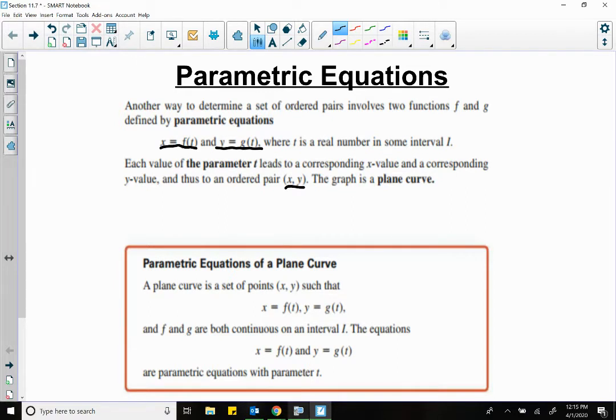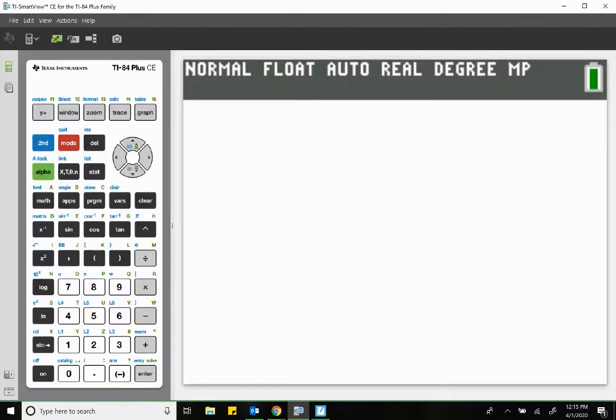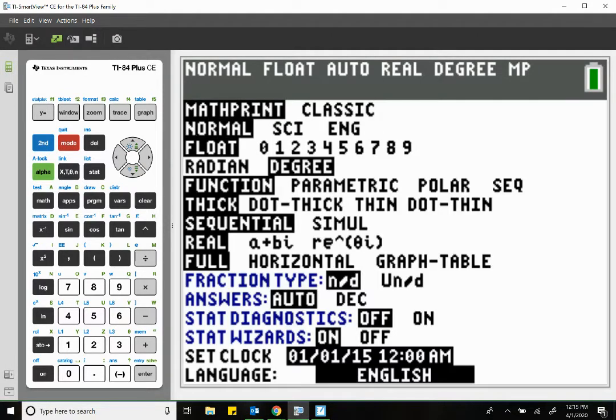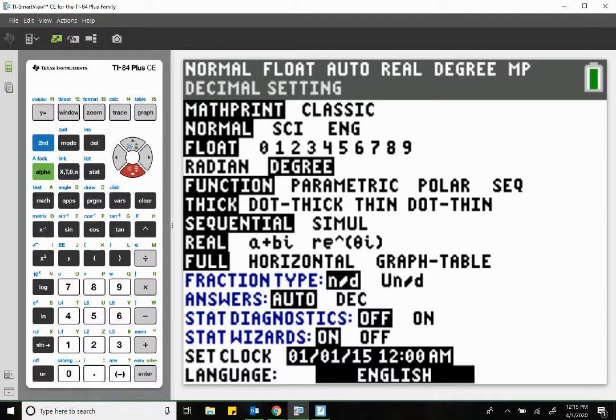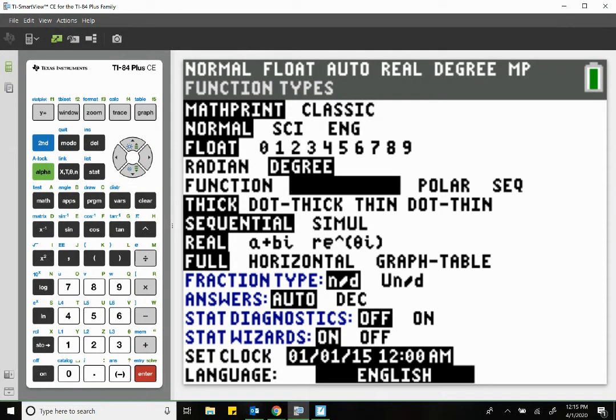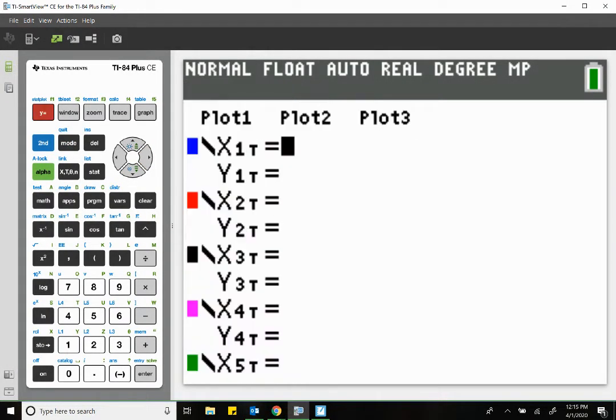In our calculator, again, under mode, right there is parametric. So we want our calculator to be in parametric. We scroll down, scroll over, hit parametric, and then when you hit Y equals, notice it says X equals, Y equals, which is what's going to happen because this is going to be our f of t function, and this is going to be our g of t function.